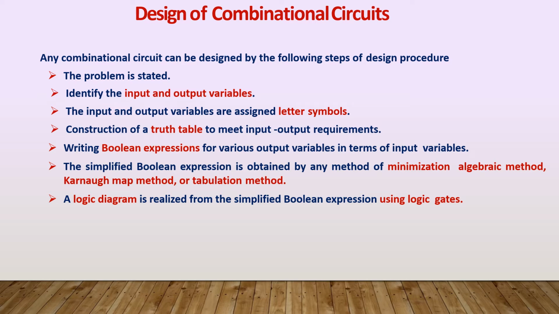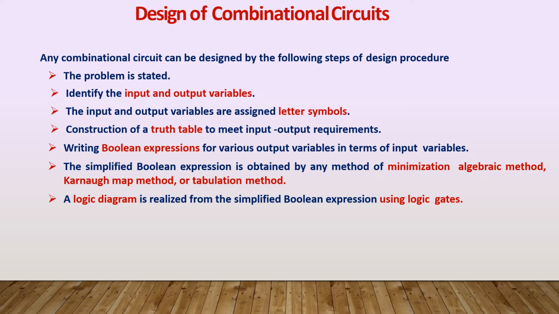So this is the actual topic of this video. Any combinational circuit can be designed by using this design procedure. Based on the problem statement, which is given first, we can identify the input and output variables. Then we can assign letter symbols for the input as well as output variables.